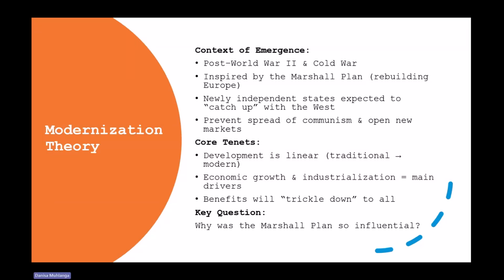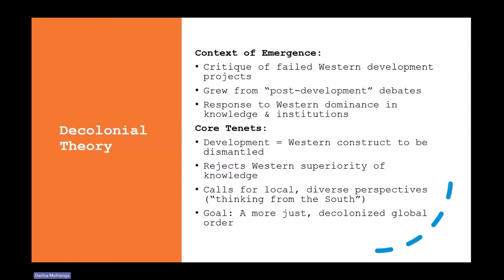So now we have the context or the history of modernization theory. We have the key focus of modernization theory. We have also asked ourselves why the Marshall Plan was so influential, right? Now we have the whole thing about modernization theory, the focus and all that. We're going to move to the colonial theory.